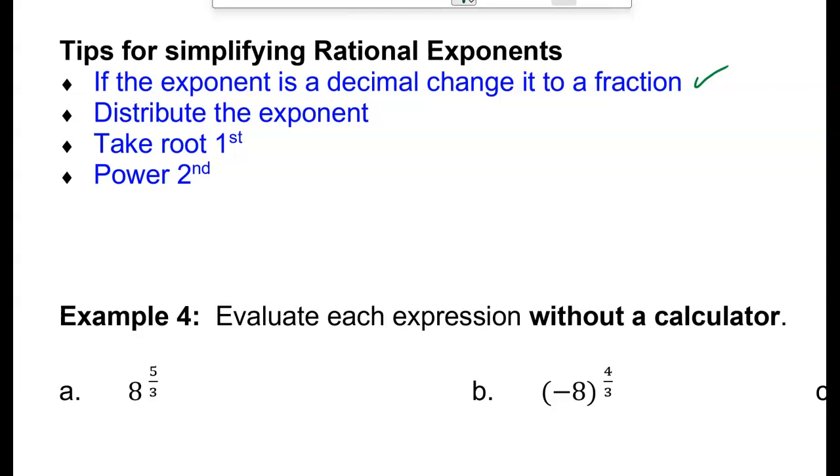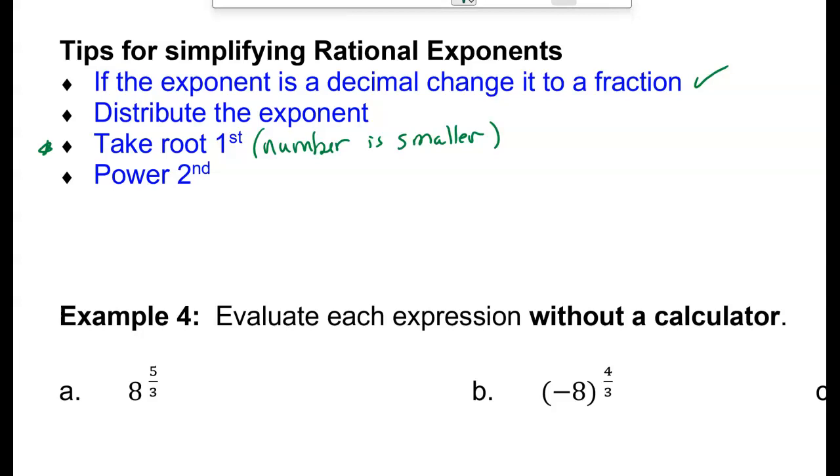Here's why. If you take the root first, the number becomes what? Smaller. Then it's easier to square or cube or whatever something. Now technically, should it matter which one you do? No. But if you're trying to do it without a calculator, taking the root first makes the numbers a lot smaller, so it's easier to do.